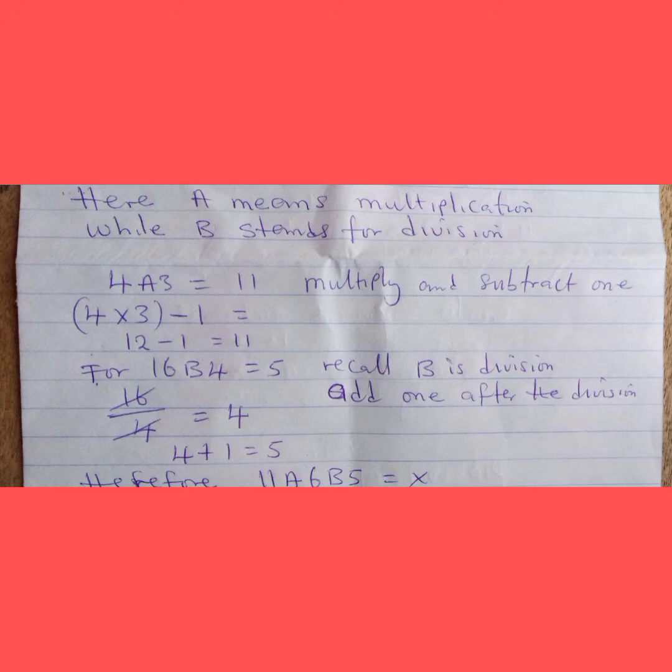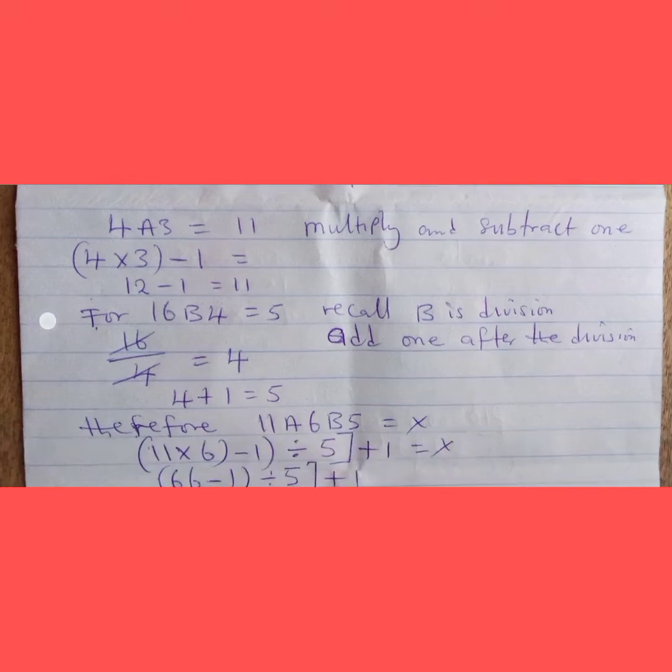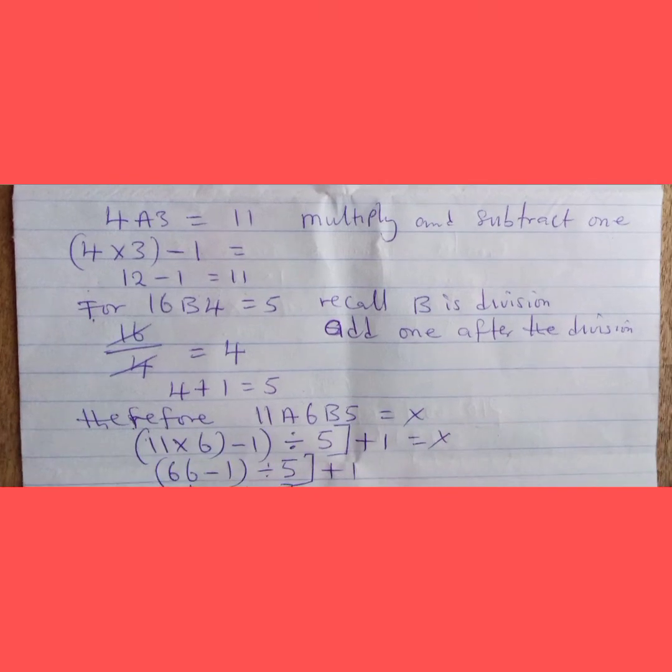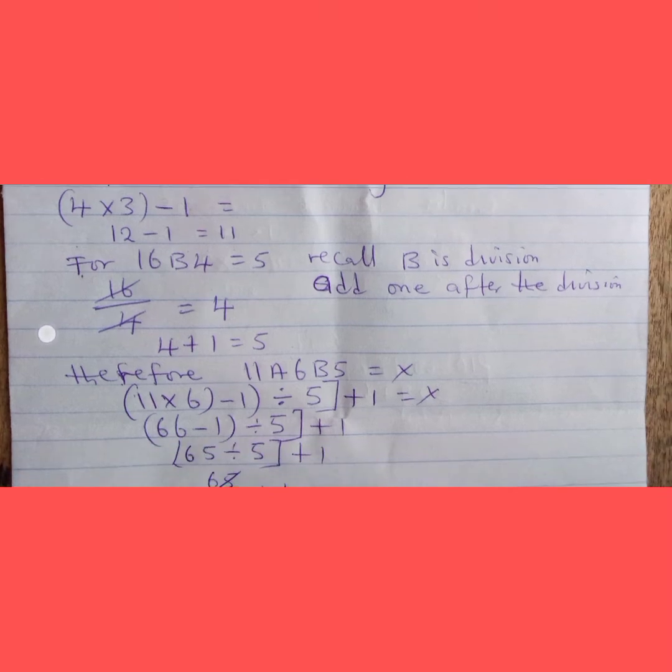Then for 16B4 equals to 5, recall B is division, so whenever you divide you add 1, so it becomes 16 divided by 4, which is equals to 4 plus 1, which is 5.